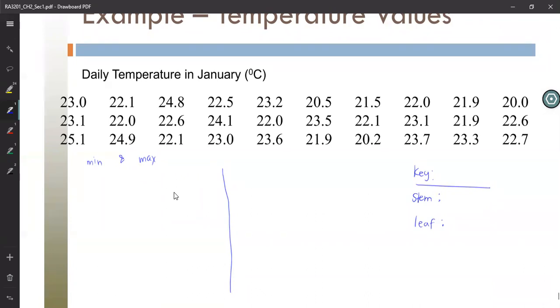And then you can interpret it based on the shape. Okay. So the first thing you have to do is find the minimum.